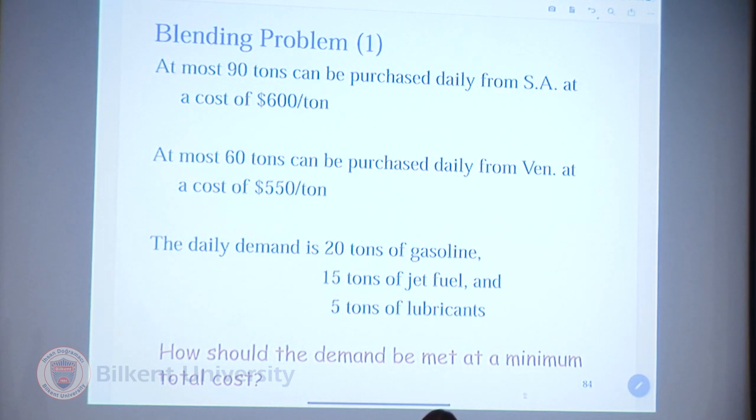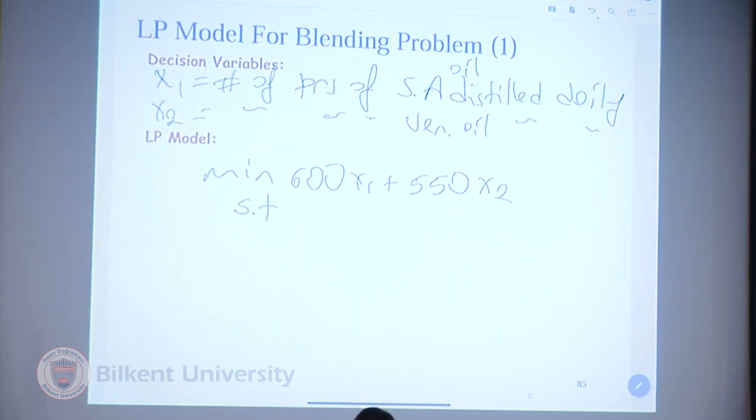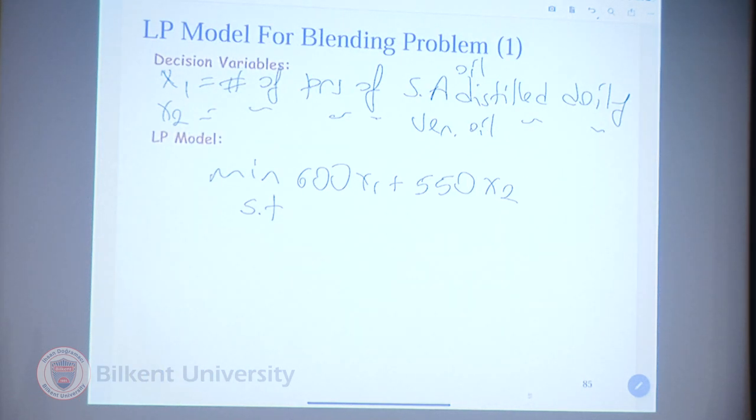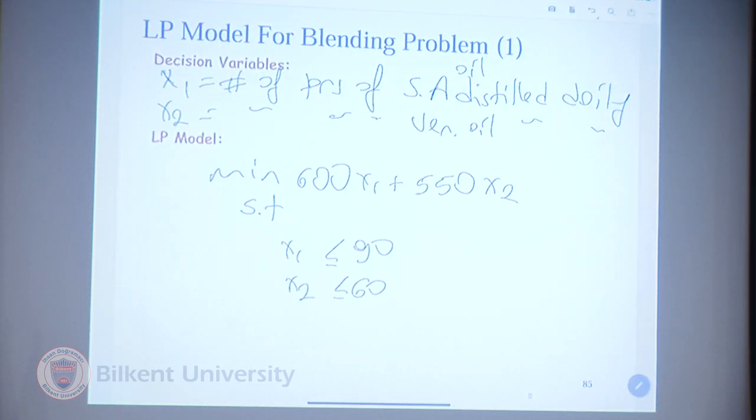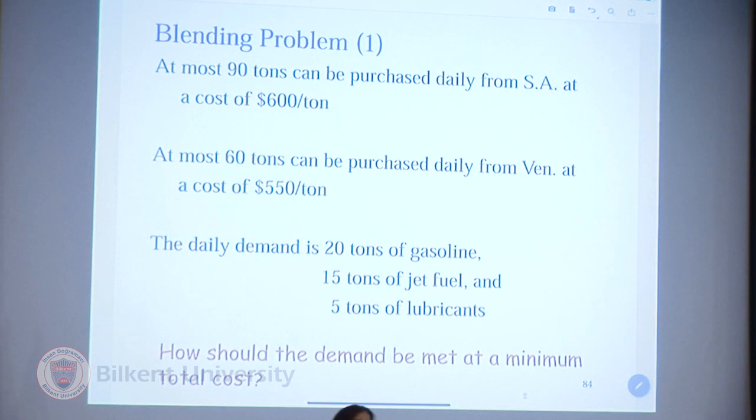That is true. So say it in mathematics: X1 is less than or equal to 90. And X2? Correct. How about this 20, 15, and 5?